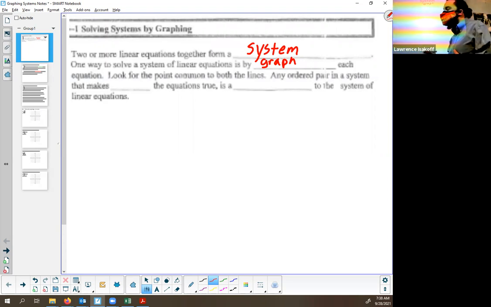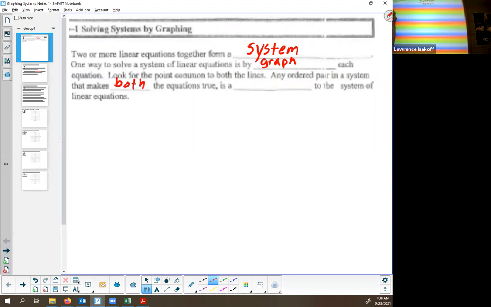Any ordered pair in a system that makes both equations true is a solution to the system.